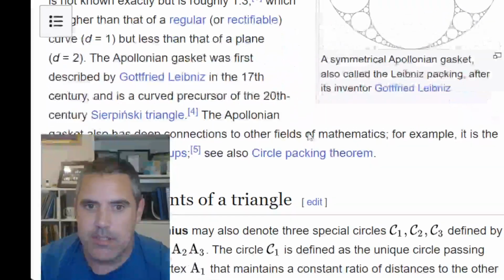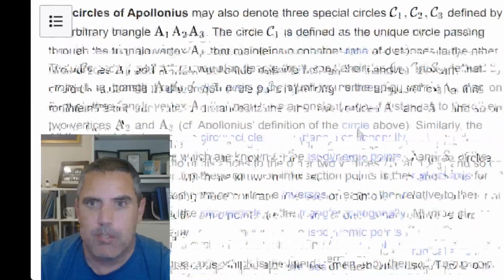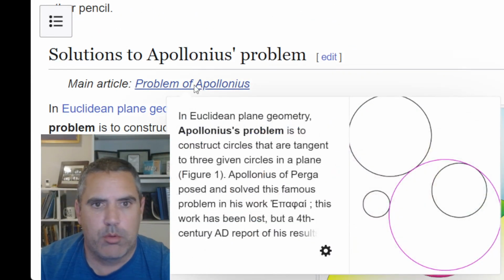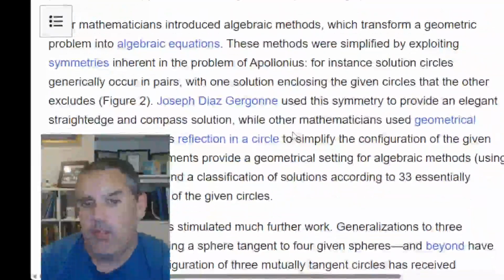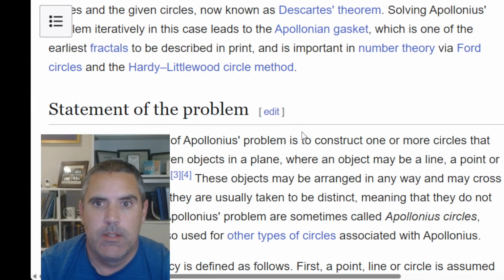I think that if you read this Wikipedia page a little further, there are some comments on that. Actually, if you go here, the problem of Apollonius. I've never studied this. This is what I like about students asking me questions.